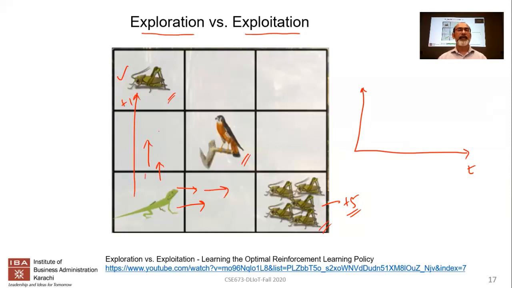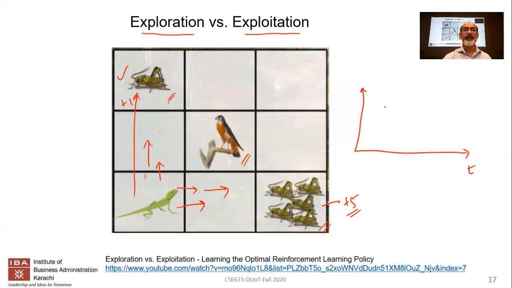Do you want to be adventurous, or do you want to simply be exploitative? Do you want to explore the world, or simply exploit it? You want to explore the world, right? Because you don't even know the world. So obviously, initially, you're going to start off by exploring the world.